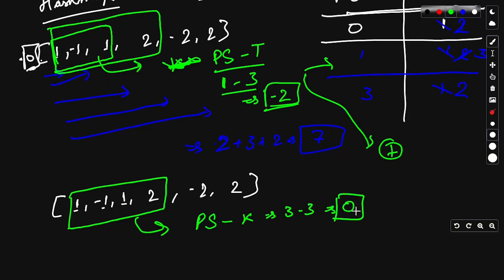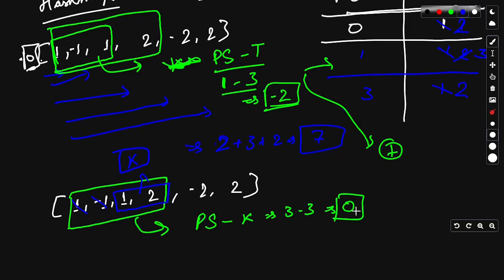Now what we are asking is, do we have a subarray whose sum is equal to 0? Yes, we have. And if we try to eliminate this subarray, what we will be left with is k, and we will add it to our answer.